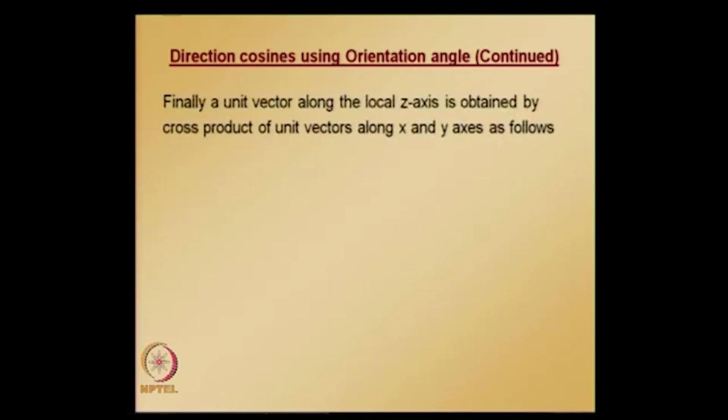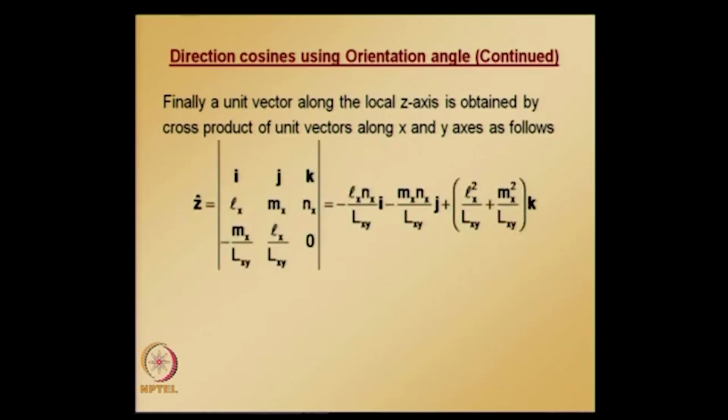Finally, a unit vector along the local z axis is obtained by the cross product of unit vectors along local x and local y axis. This is not going to be a unit vector unless we normalize it, or we can take the product of unit vectors along local x axis and local y axis, and then we automatically get the unit vector along the local z axis.